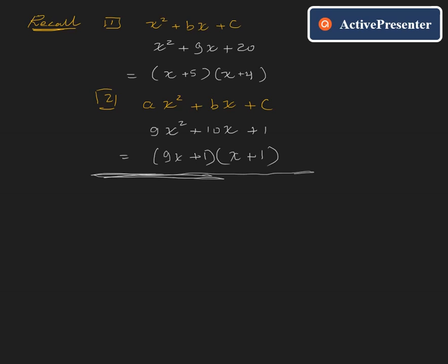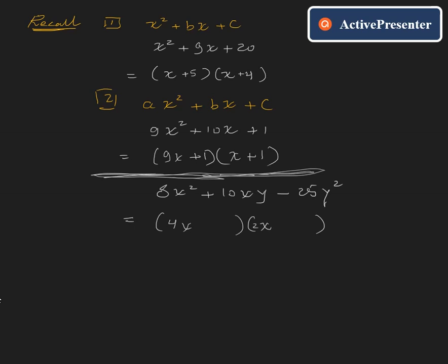If we take another example, let's say 8x squared plus 10xy minus 25y squared. How do we factor this? If you factor this, here you put 4x, and here you put 2x.